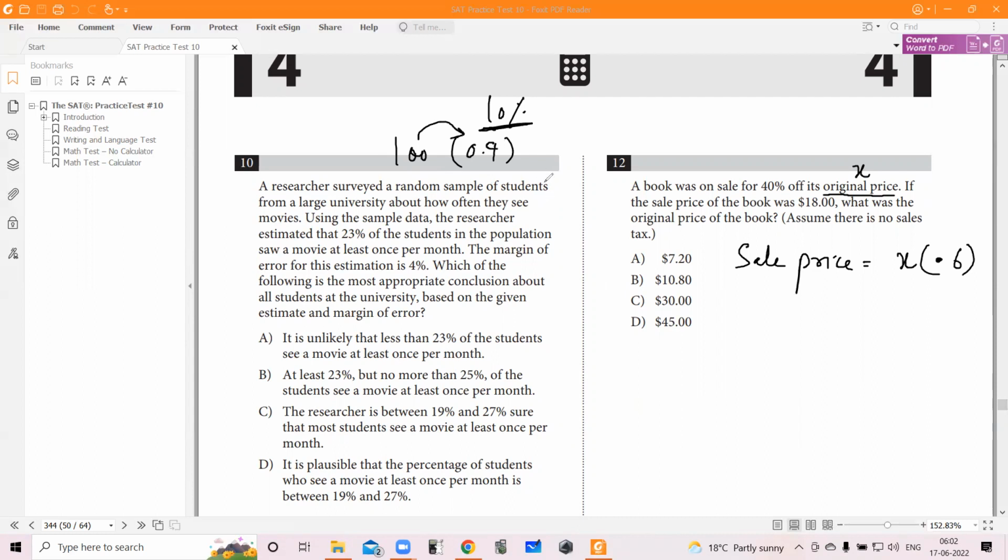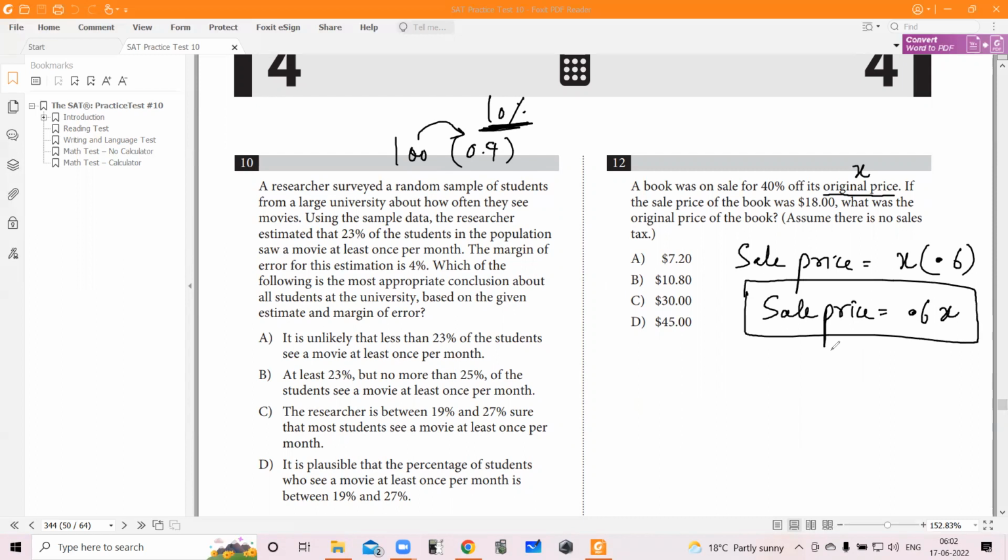You multiply by 0.9, correct? So you'll be doing 1 minus 0.1, that'll be 0.9. In the same way, if you're decreasing by 40%, then it'll be 1 minus 0.4, it will be 0.6, correct? So the sale price is 0.6 times X.